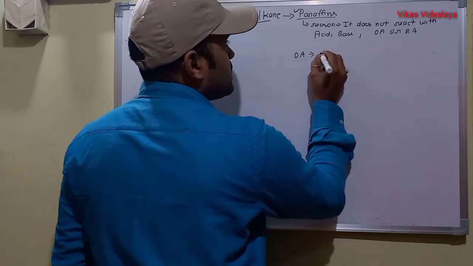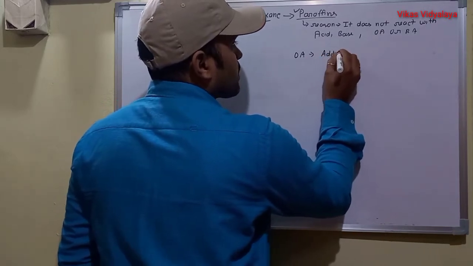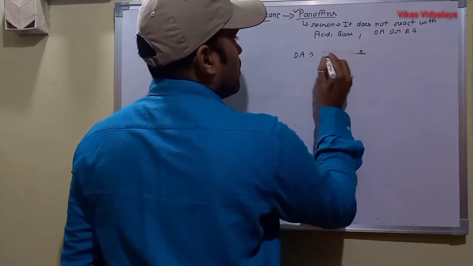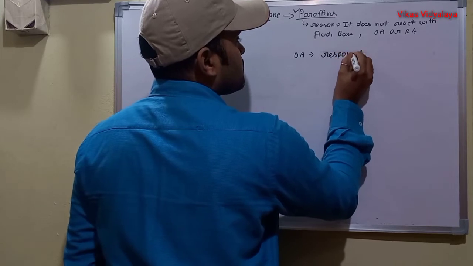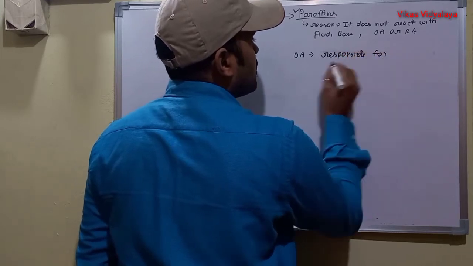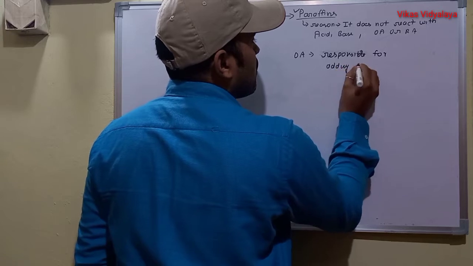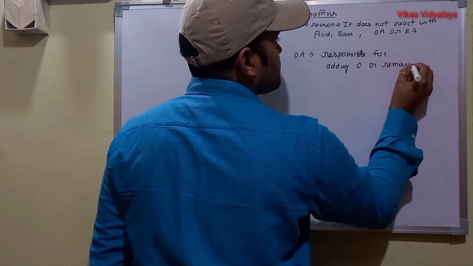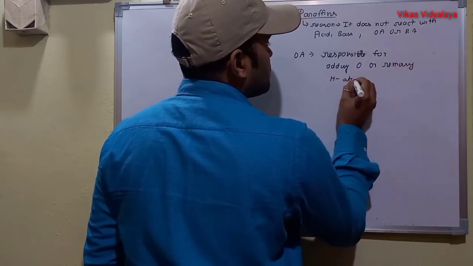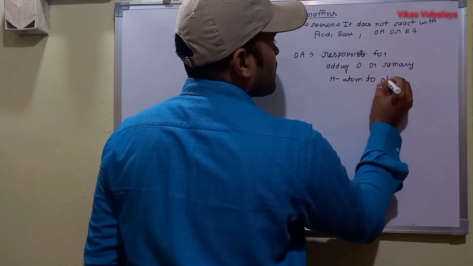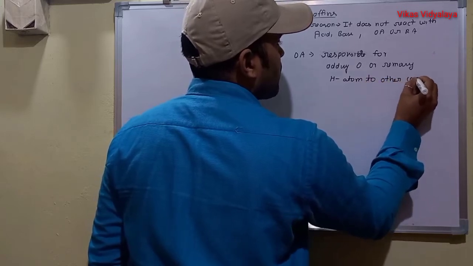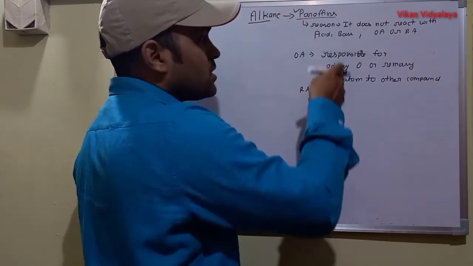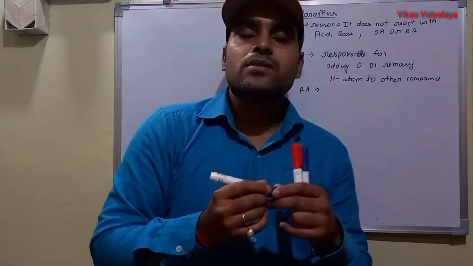Oxidizing agent means it is responsible for adding oxygen or removing hydrogen atoms to another compound. And the reducing agent will be just the reverse of this sentence, and we will get the definition of reducing agent.